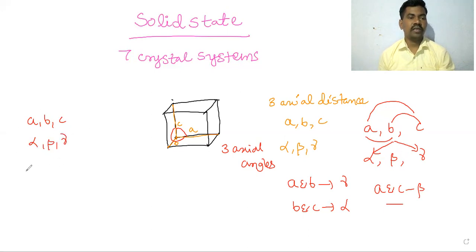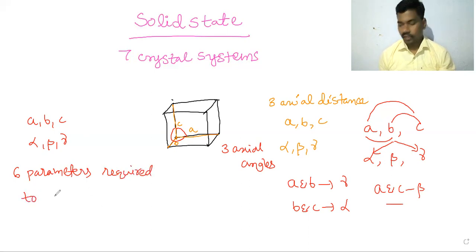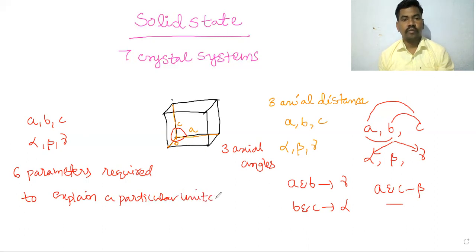These 6 parameters are required to explain a particular unit cell. Okay, these 6 parameters are required. So based on these 6 parameters, we can explain 7 crystal systems.